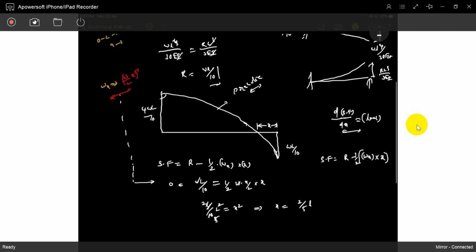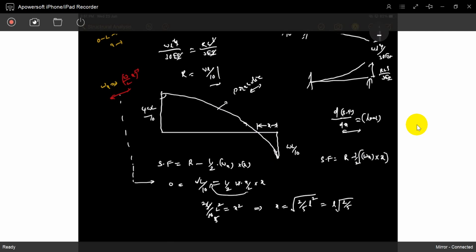No, L square. Understood? This is L square. Where is it L square? If L goes to this side, W cancels. L is there, so it goes to L. So 2 by 5 L square root, 2 by root L.